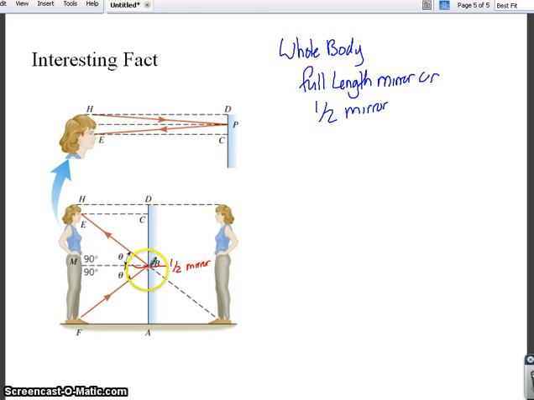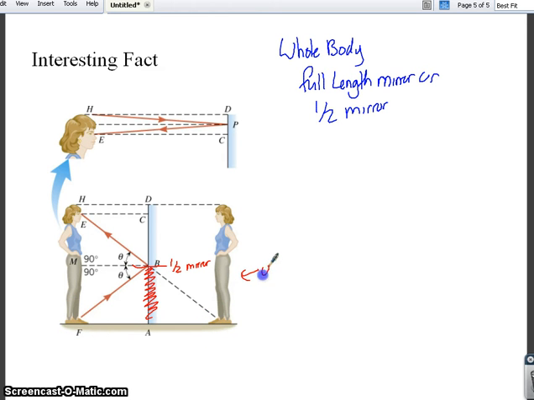With a half mirror, you don't need anything in this section right here, because the light rays coming from your feet need to hit the mirror. The angle of incidence is going to equal the angle of reflection, and so what you're going to see from right here is going to appear to come from down here, despite the fact that it's actually coming from over here.